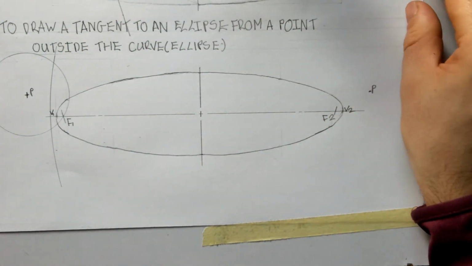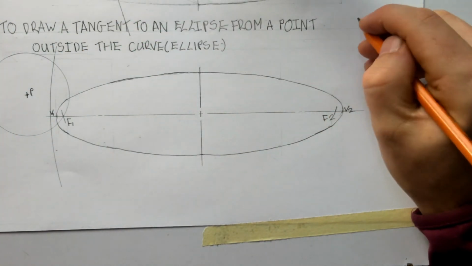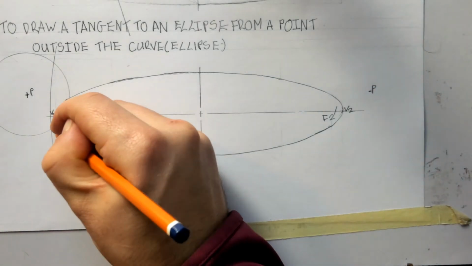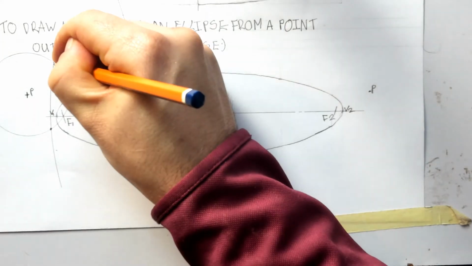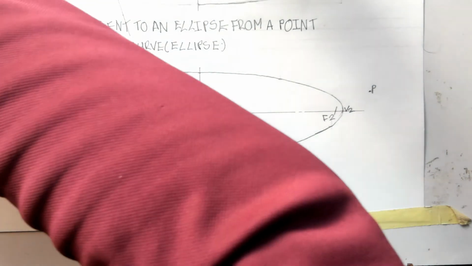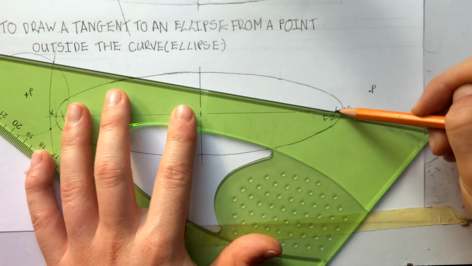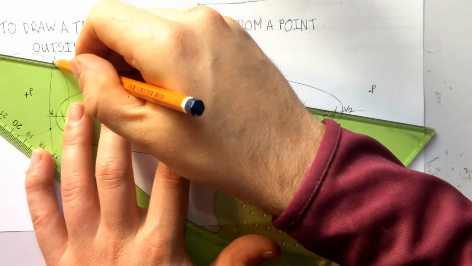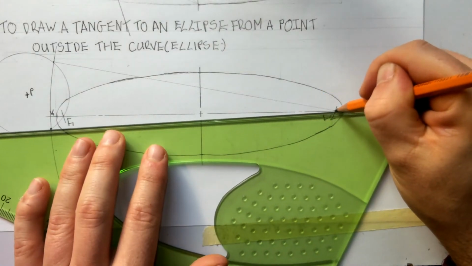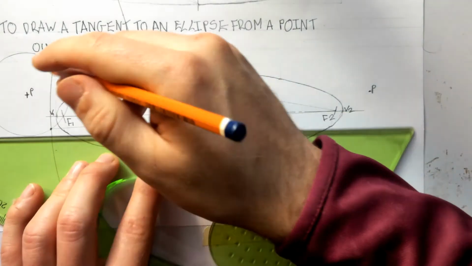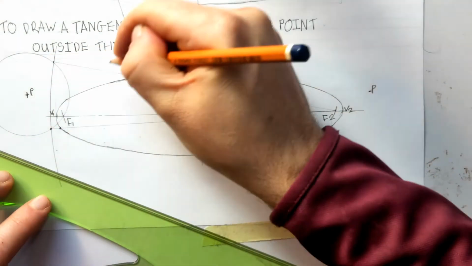And where they intersect, the first circle, you're going to join them to the furthest focal. And where they intersect the ellipse, now you have a start point for a tangent.